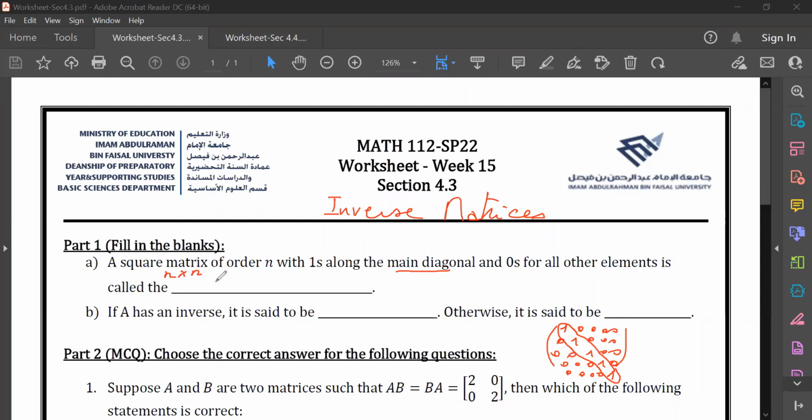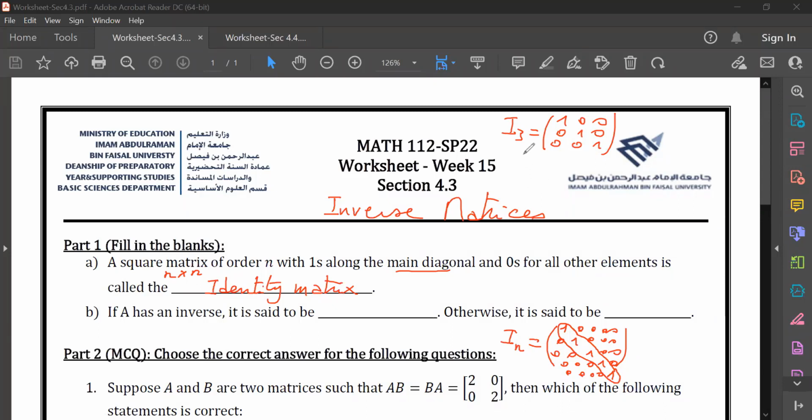We call it the identity matrix, and we denote it by I_n. So I_n, I for identity and n for the order of this matrix. This means if it is of order 3, I3 will be 1 0 0, 0 1 0, 0 0 1. This is the identity of order 3.